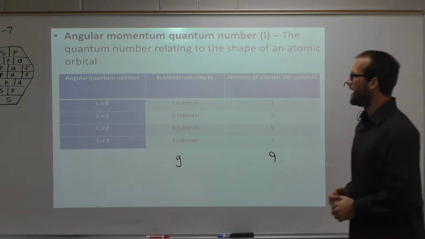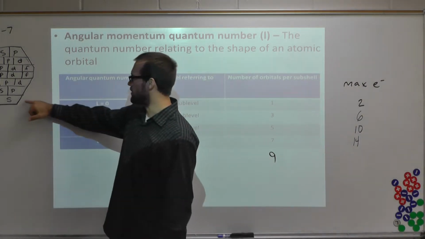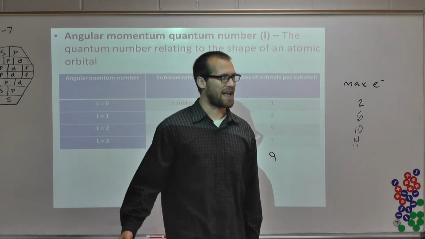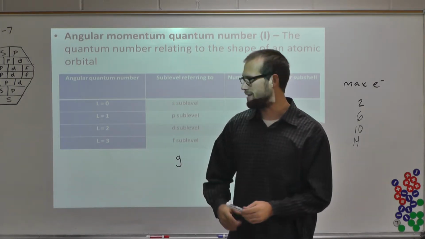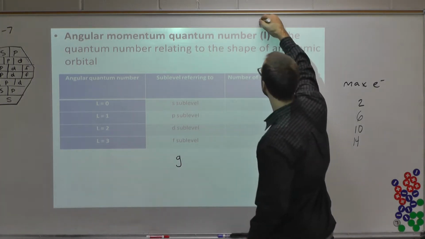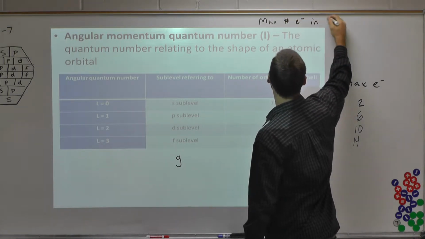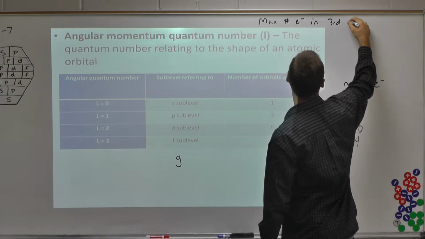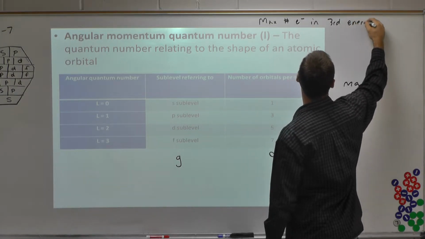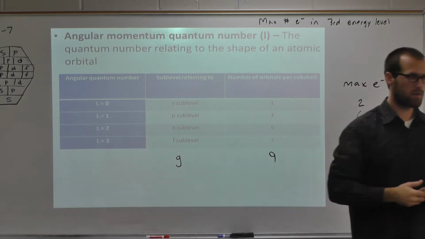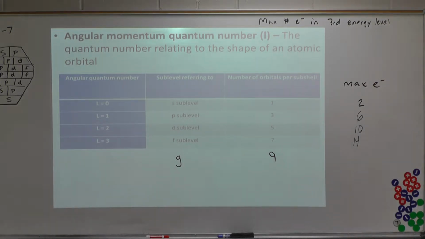Now, if you remember, you should recall that the third energy level only has S, P, and D. So if I were to ask you this, would you be able to answer it? Max number of electrons in the third energy level. Could you tell me? Go ahead. 18.